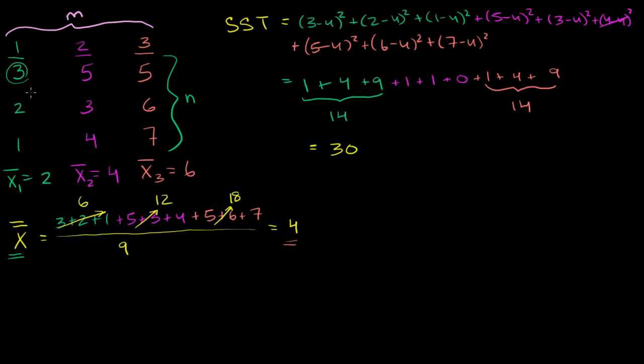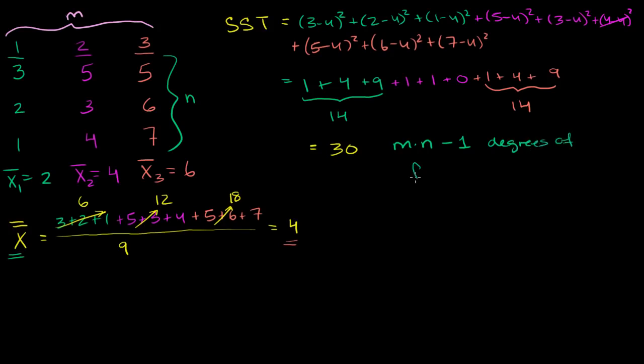If you have 8 of them, you can always calculate the 9th one using the mean of means. So there's only 8 independent measurements here. Or in general, there are m times n, the total number of samples, minus 1 degrees of freedom.